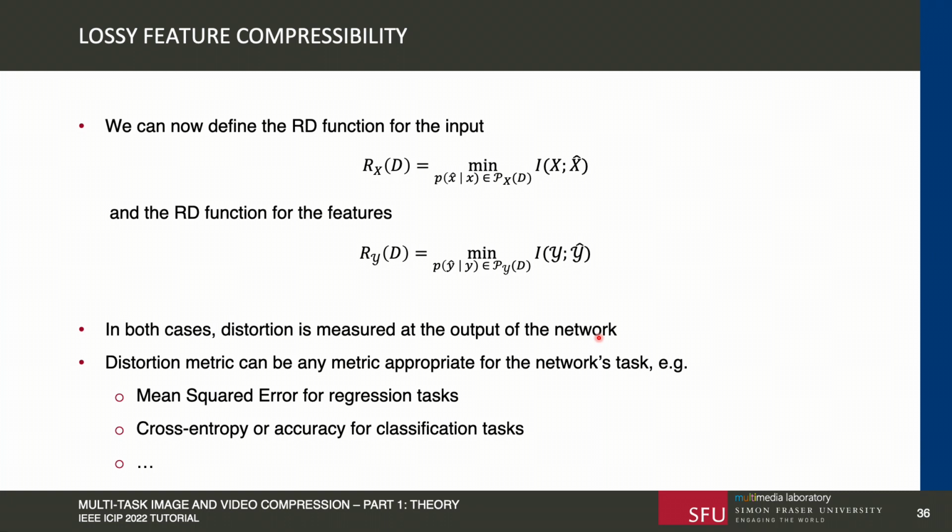For example, regression networks might use mean square error, classification networks might use cross entropy or classification accuracy or something like that. It turns out that it actually doesn't matter. We won't be using an explicit equation for the distortion metric. The only thing that matters is that the same distortion appears in the definition of the feasible quantizers for features and the input.